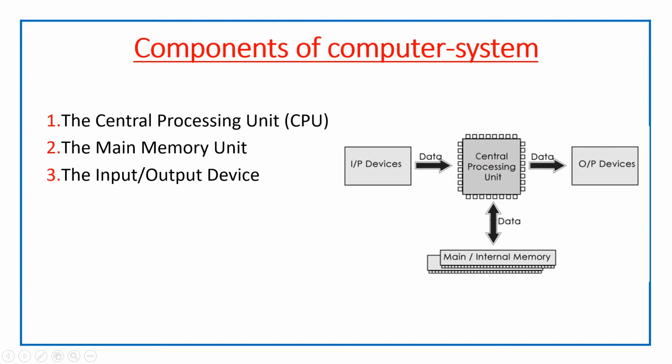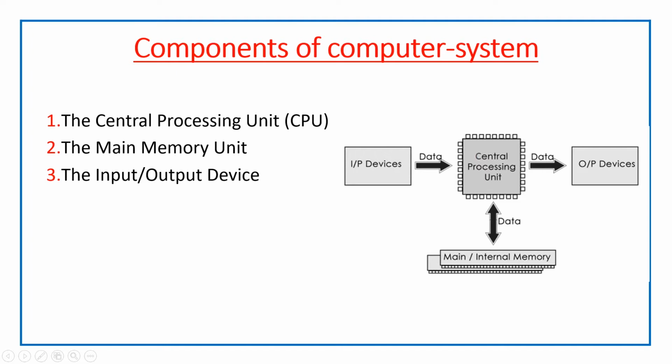Now in this slide we can see the components of a computer system. The components are the input device, the output device, the central processing unit and the main memory or internal memory.